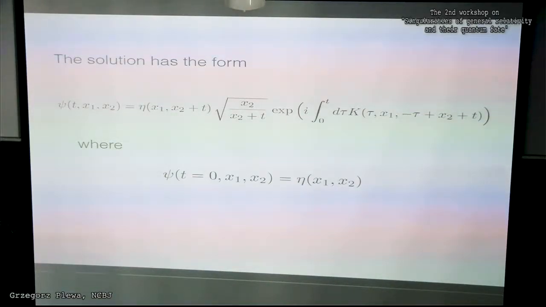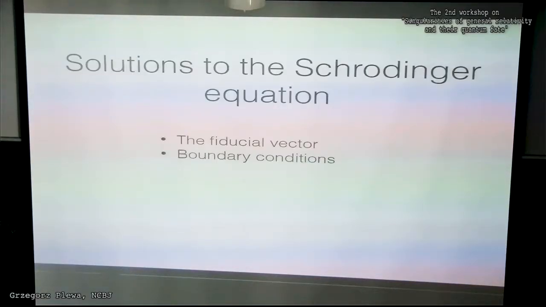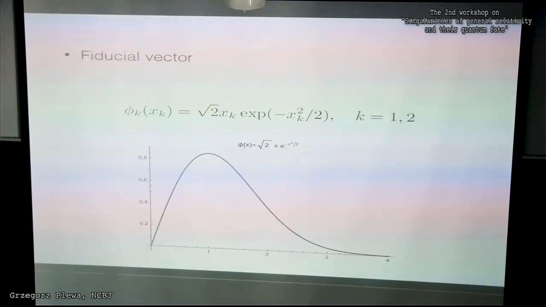So first, we start with the situation where our evolution begins at t equals 0. This is the starting point, and as we see, our psi function is nothing but the eta. So this is the initial profile, which has to be determined. The goal would be to fix two basic elements. The first one is the fiducial vector, and the second one is the boundary condition which guarantees this eta function can be determined.